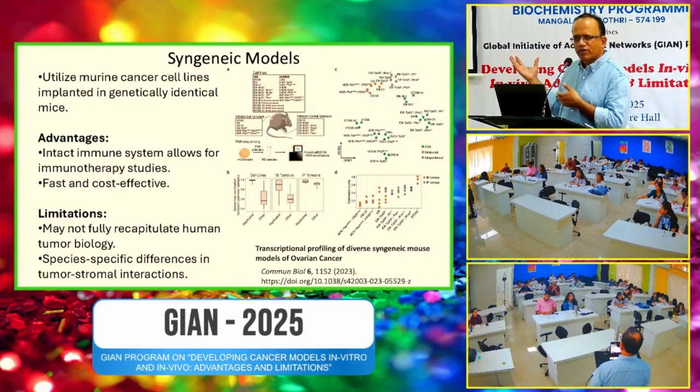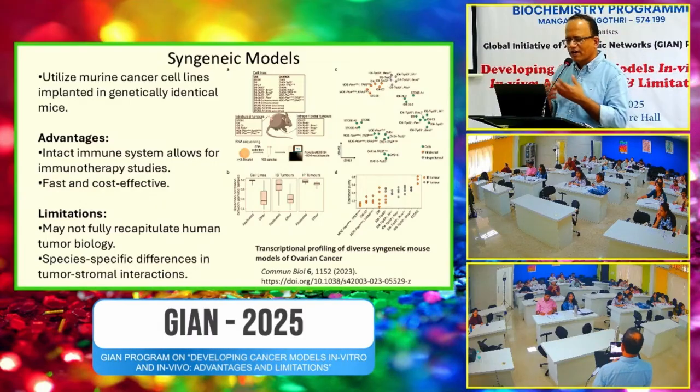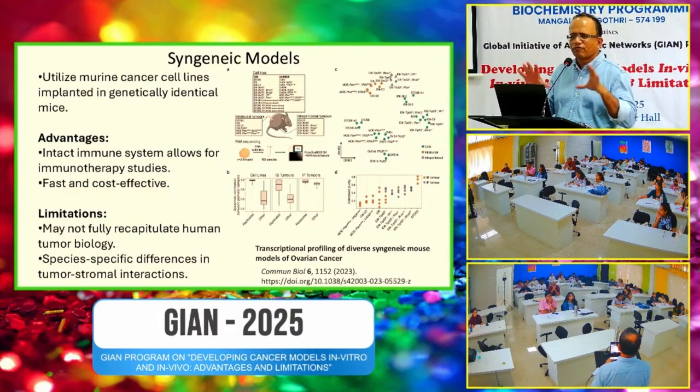The advantages are that it's fast and effective. But with any model you take, there is always a limitation. These models don't recapitulate human tumor biology. It's true that there is no 100% perfect model that you can study, but these models will give you some data. That's why you go to phase 1 and study toxicity and other things.